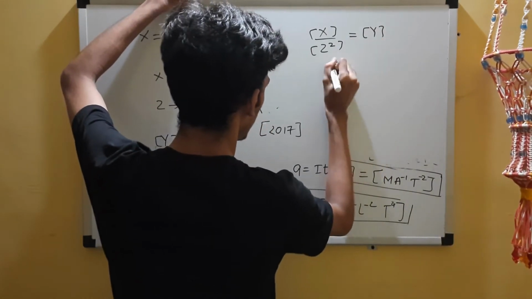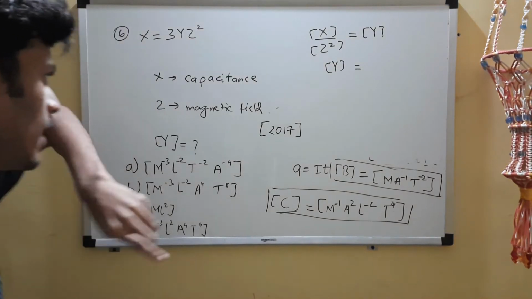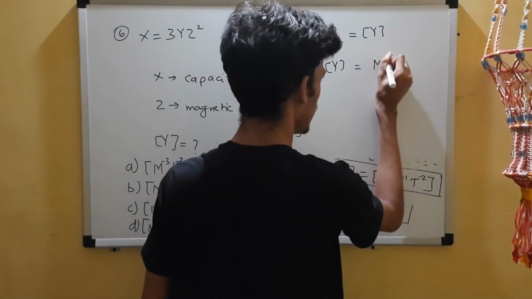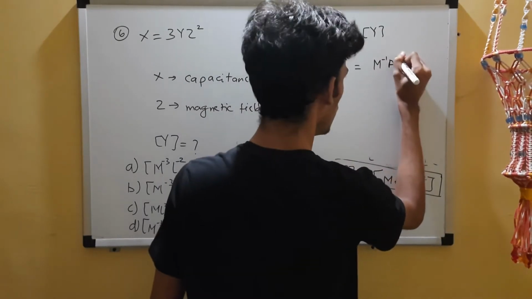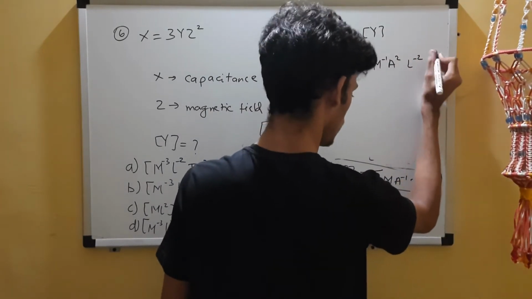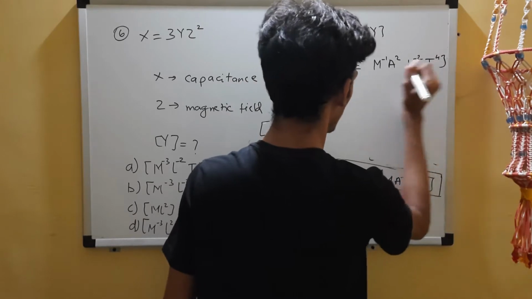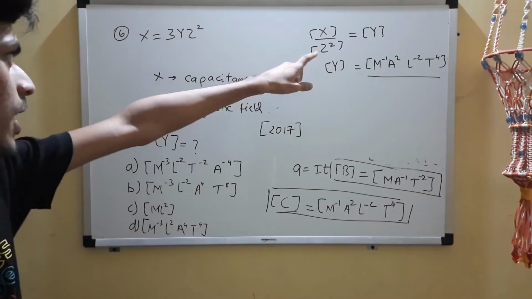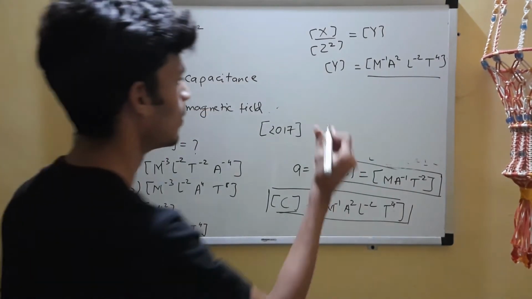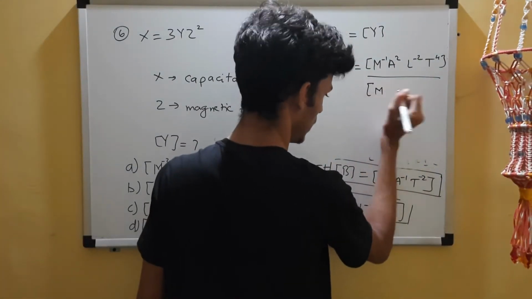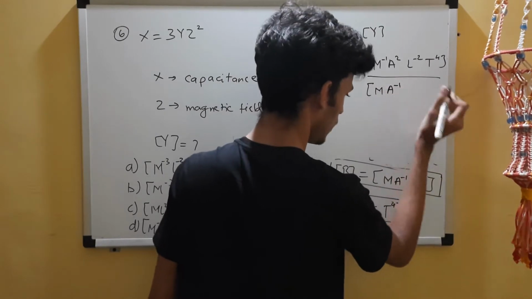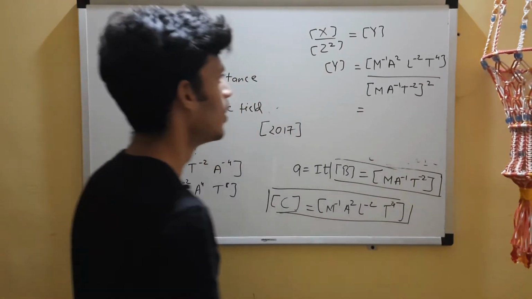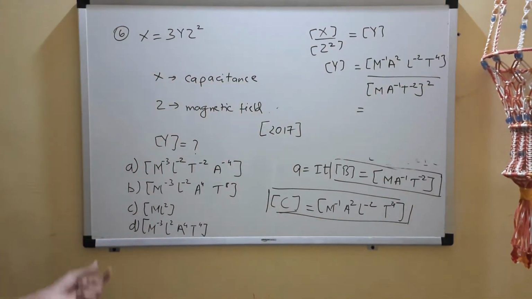So x is capacitance, so it has dimensions M to the power minus 1 A to the power 2 L to the power minus 2 T to the power 4. And coming to B, z is magnetic field, we have to square it, so M A to the power minus 1 T to the power minus 2, and that squared. So we have to simplify this now and we'll get our answer.